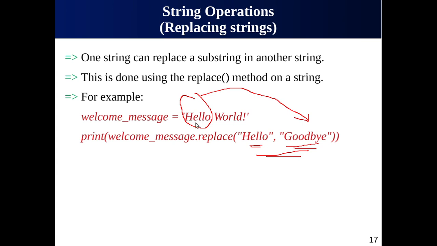So I want to replace hello with goodbye. Now, if you run this statement, it will actually display goodbye world instead of hello world. Why? Because I have replaced the text hello with goodbye with the help of this method. You can actually replace a string with any string that you want with the help of the replace method.